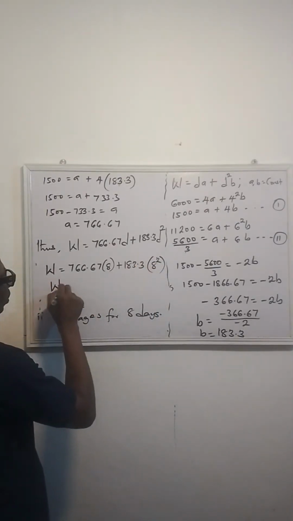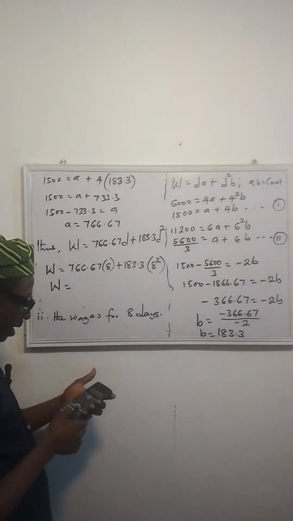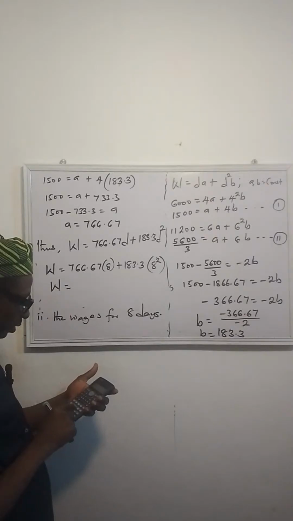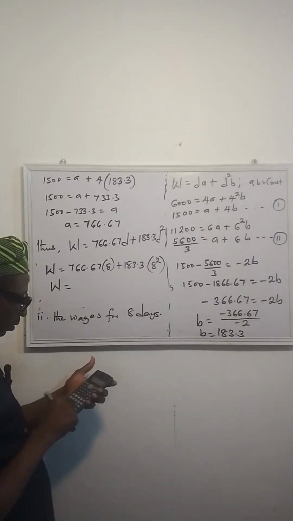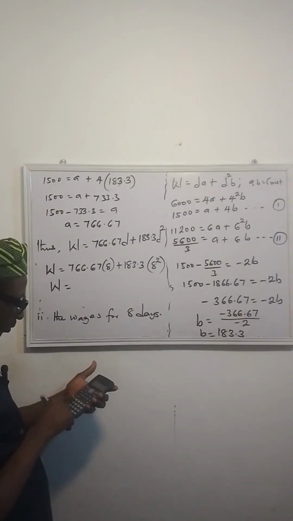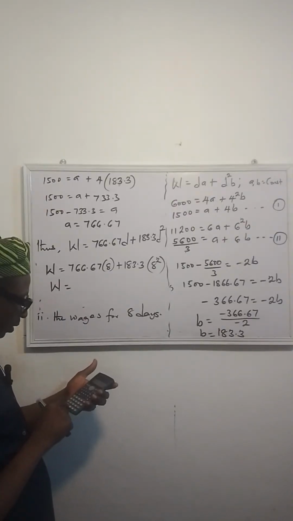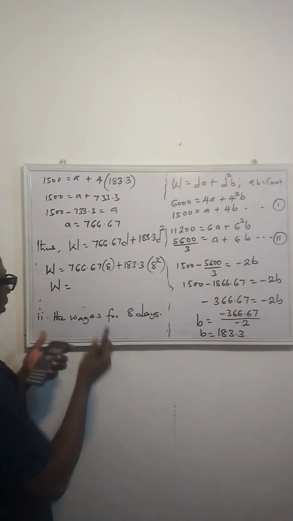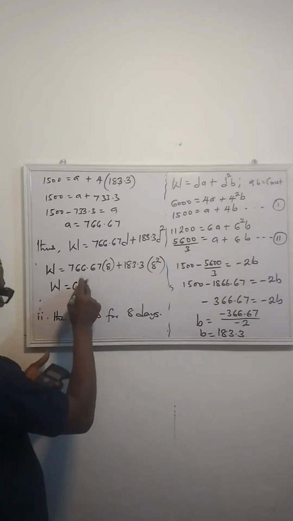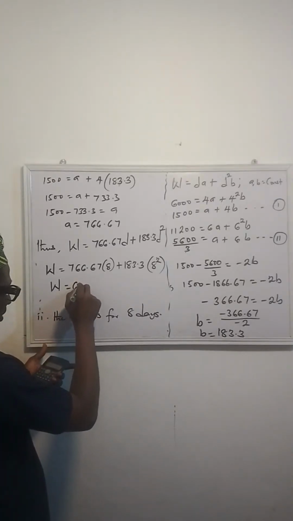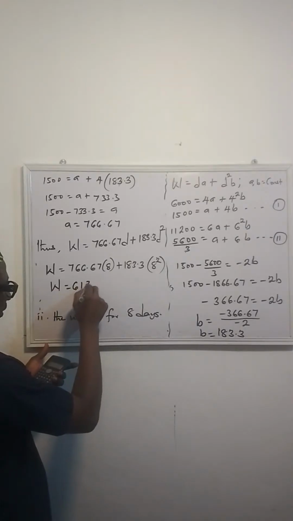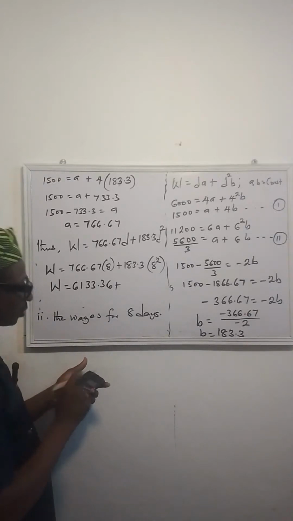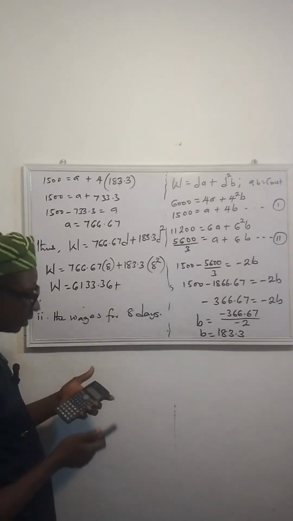Okay, so we have W equals, now can we multiply that? We have 766.67 times 8, which gives 6,133.36, plus, let's see this one, 8 times 8 is 64.